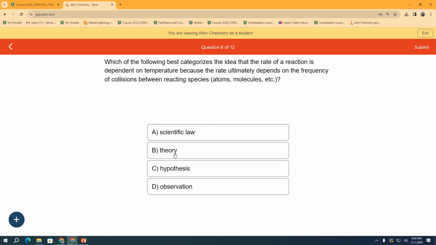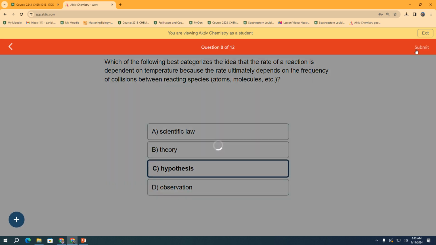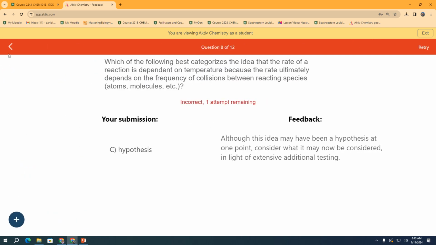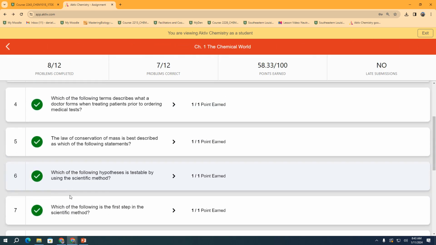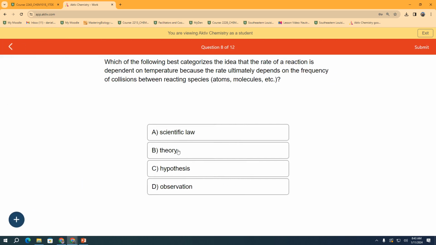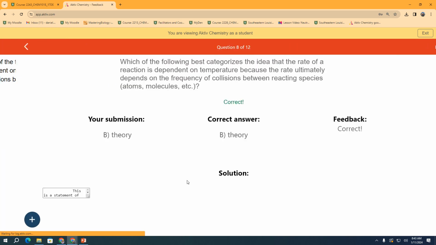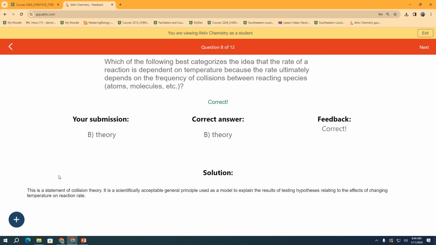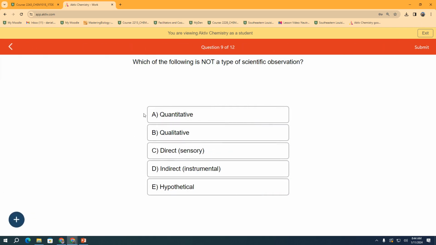This is either going to be a hypothesis or a theory based off of that. So if it's not a hypothesis, let me try theory. Yes, theory is correct. All right. So it's saying there's something that's happened over time that we've tested multiple times. It's not the first time we've tested that.